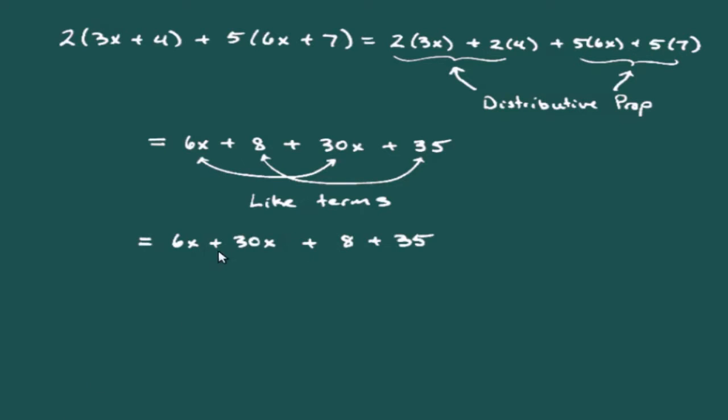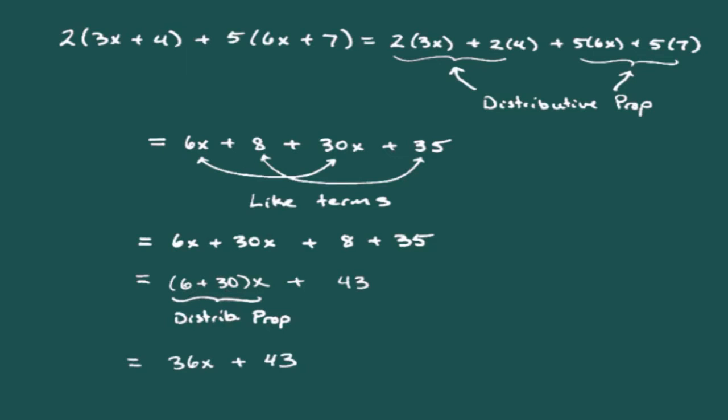So we've got our 6x and our 30x, our 8 and our 35. So again, using the distributive property for the 6x and the 30x, we've got 6 plus 30 times x. The 8 plus 35 is going to give us 43. And so we can put the 6 and the 30 together to give us a final answer of 36x plus 43.